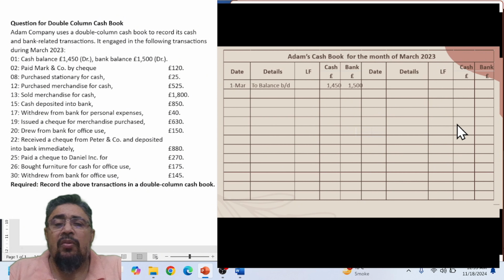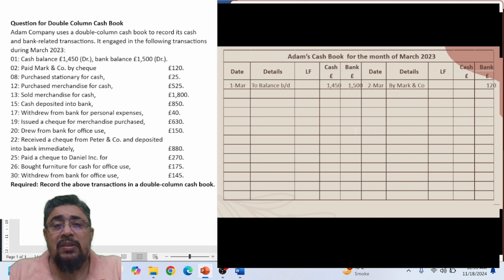So here on 2nd March we will write 'By Mark and Company'. In the bank column we will write the amount of the bank payment, that is 120.